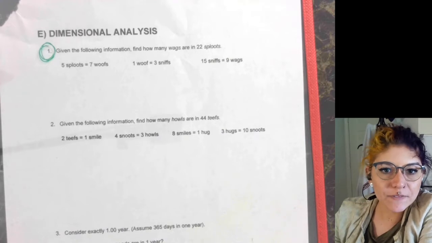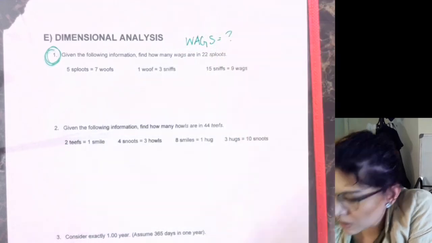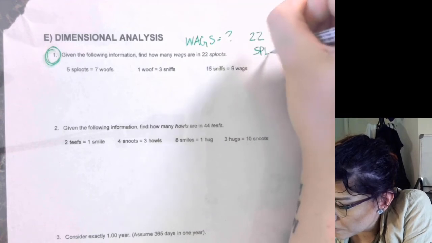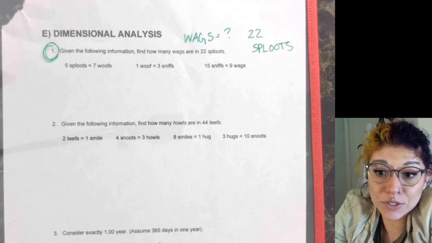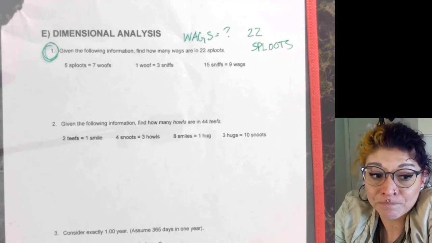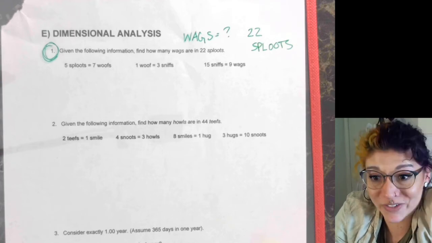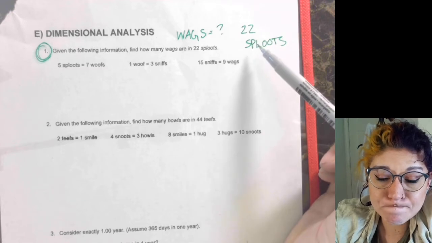So, given the following information, how many wags are in 22 sploots? So you'll notice here first off that I'm just using nonsense words. And that's totally fine because we can just pretend like these are units, right? We are given 22 sploots.